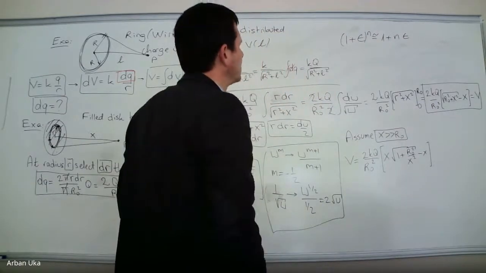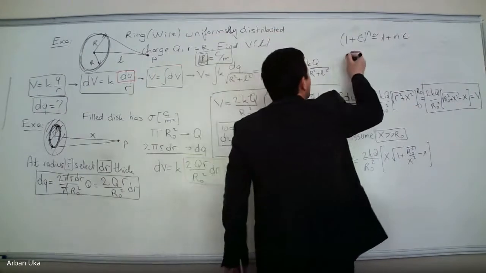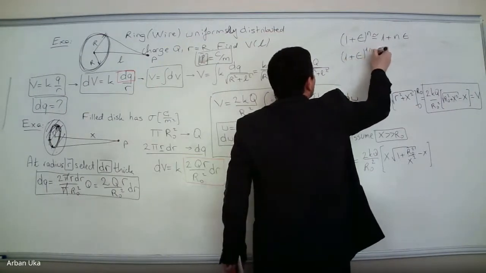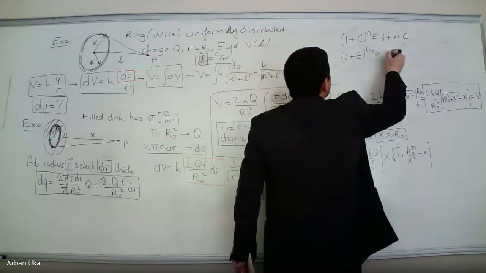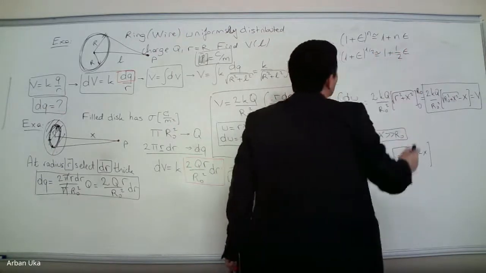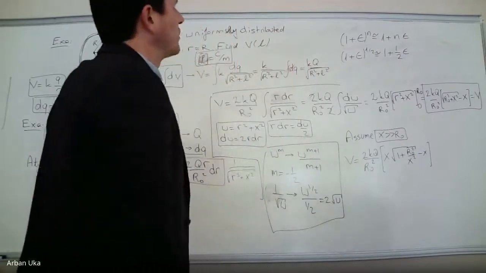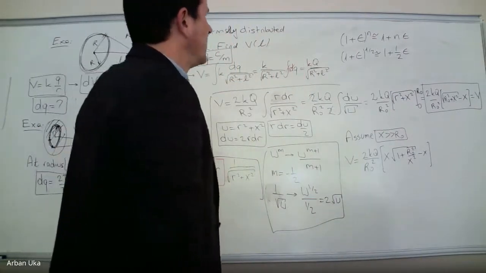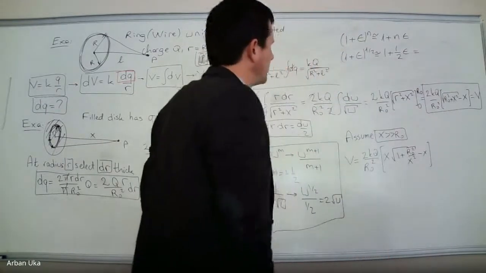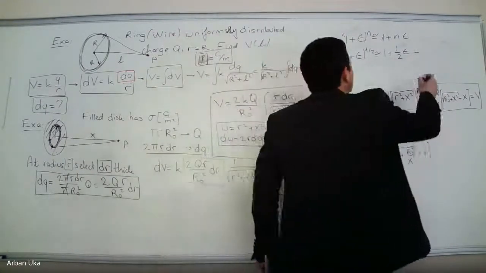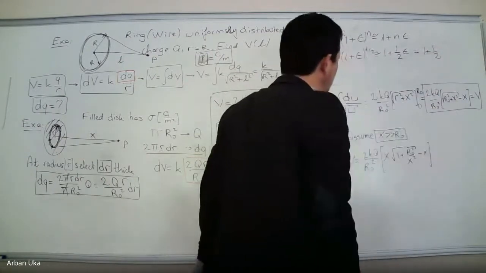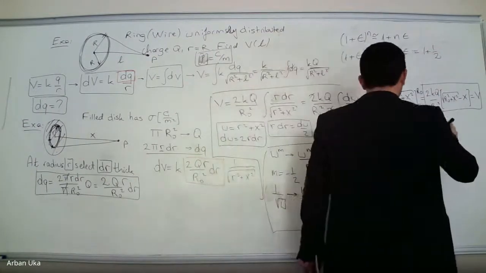So 1 plus epsilon to the power 1 over 2 is approximately 1 plus 1 over 2 epsilon. As we said, what was our epsilon? It was 1 plus 1 over 2 r0 squared over x squared.